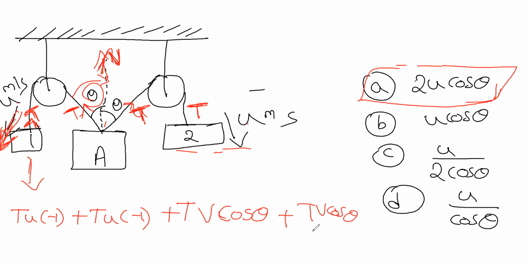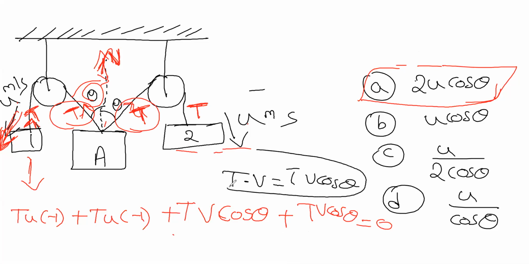One due to this and one due to this. The total should equal 0. Shouldn't one be sine? Why sine? We are taking dot products, not components.